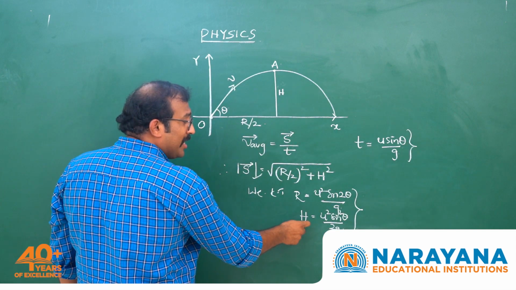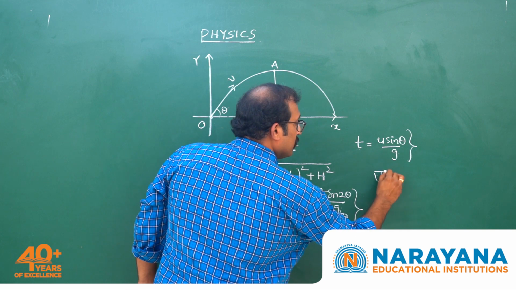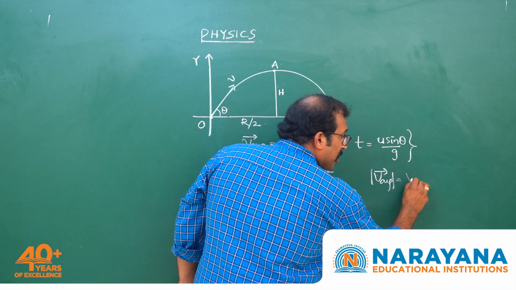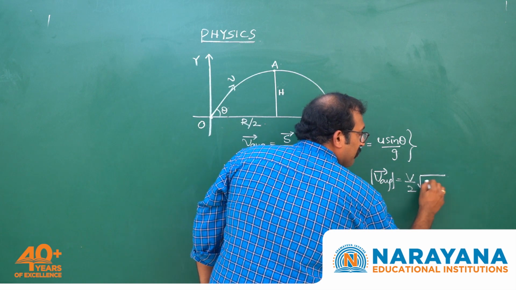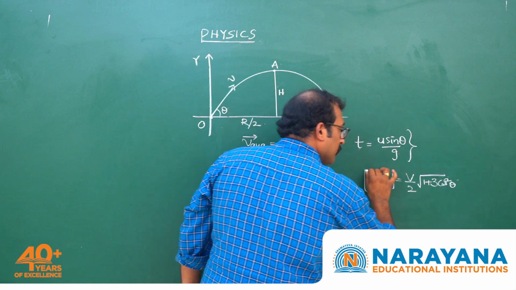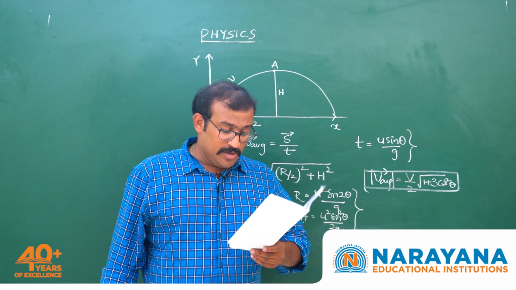Substituting R, H and T in the equation for V average, you will get V average as V by 2 into root of 1 plus 3 cos square theta. Therefore, our option is the third one.